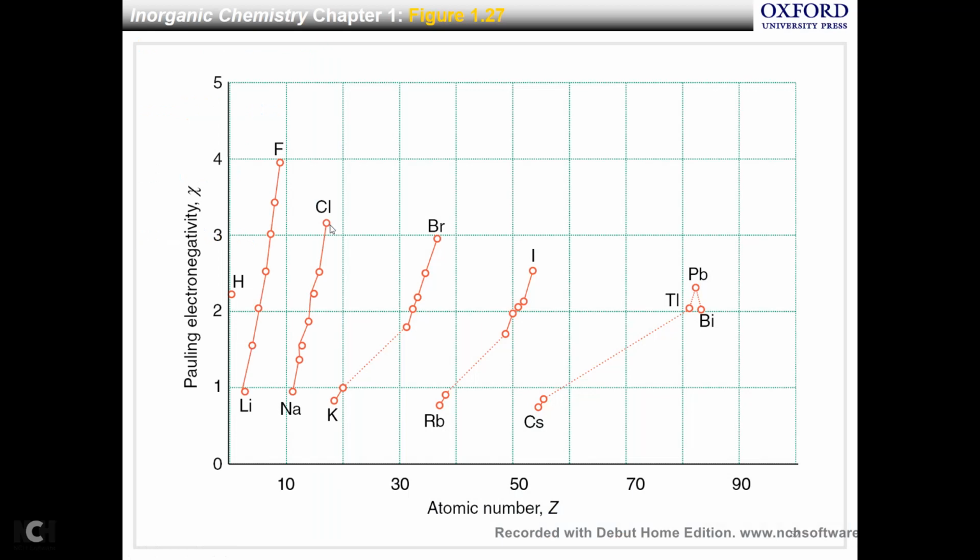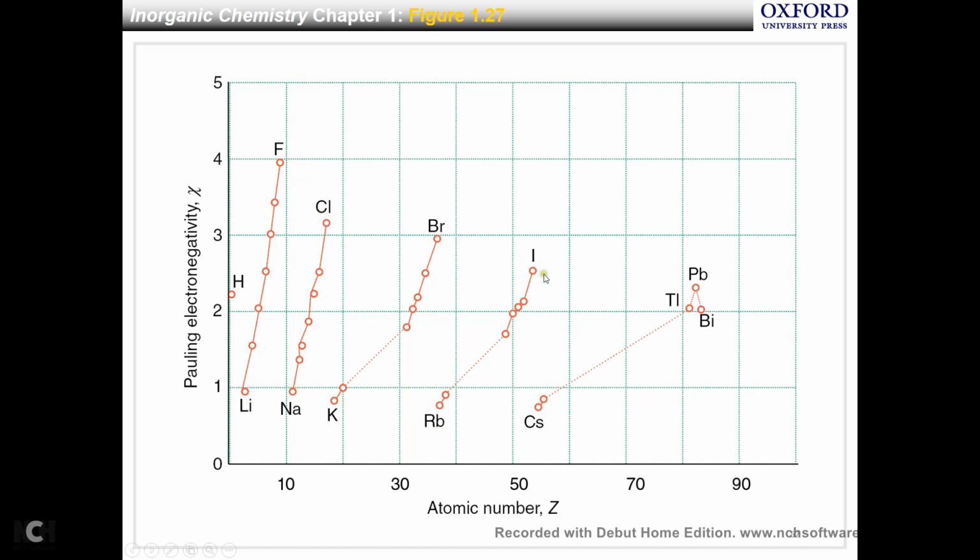This is the trend from lithium to fluorine. The electronegativity goes up. Same here, same here, same here. And in general, the electronegativity slightly decreases from fluorine to chlorine to bromine to iodine.